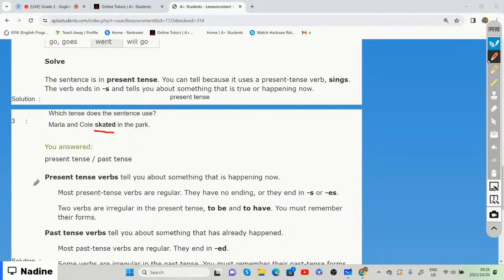And as we can see, that is a regular verb and it ends in ed or d. Because remember, if a word ends in an e, and it's a regular verb, then we just add a d.